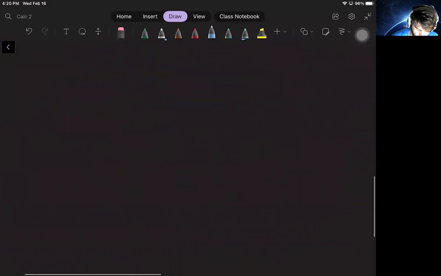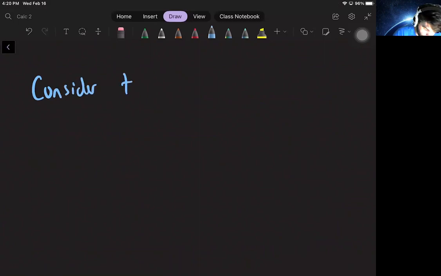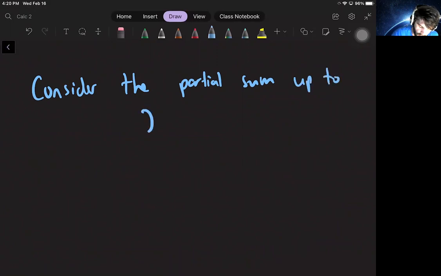Okay, so let's see how we can do this. It's pretty rough. So just try to stick with it. It is kind of hard, but we'll do our best. Okay, so we're going to look at the partial sums, but we're going to put a little spin on it. Instead of going up to k like we normally do, we're going to go up to 2k plus 1, and this will come in handy later.